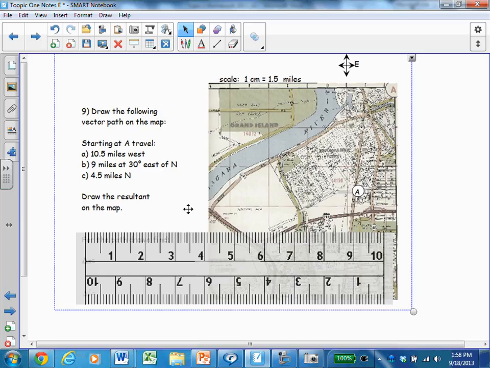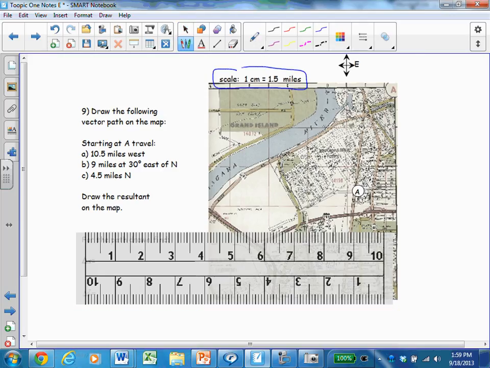All right, so now, I think we're ready. Okay, so we're going to start at A and go 10.5 miles west. But you're going to have to help me at first because remember, my centimeters thing isn't actually centimeters. So notice your scale up here.